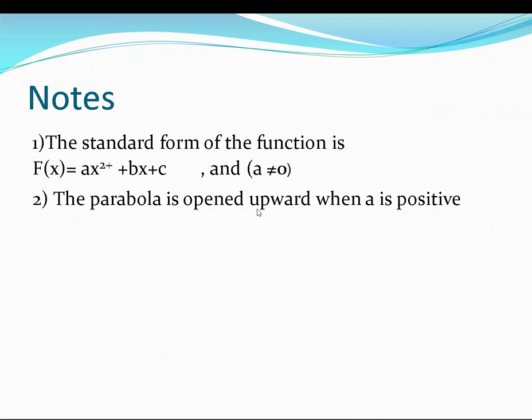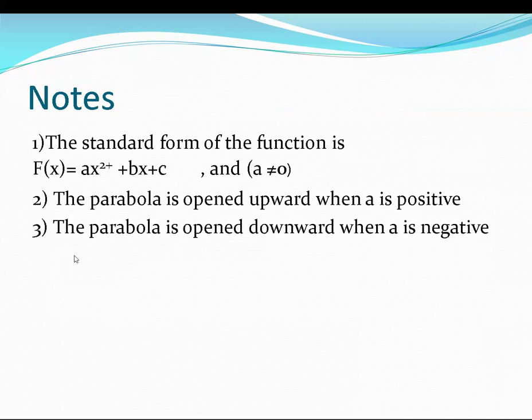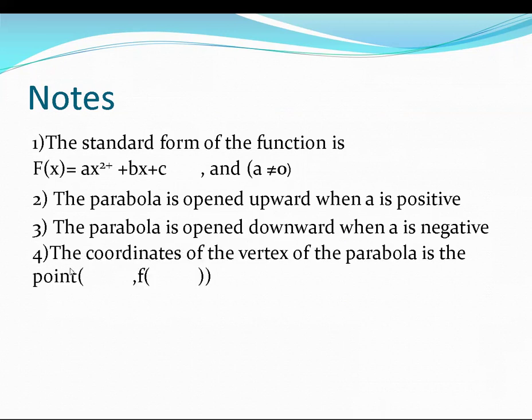The assumption in standard form is that a is not equal to 0. The parabola opens upward when a is positive, but the parabola opens downward when a is negative. The coordinates of the vertex of the parabola are the point with x equal to negative b over 2a, and y equal to f of negative b over 2a.